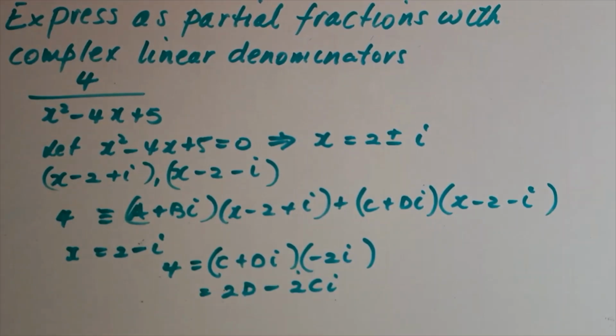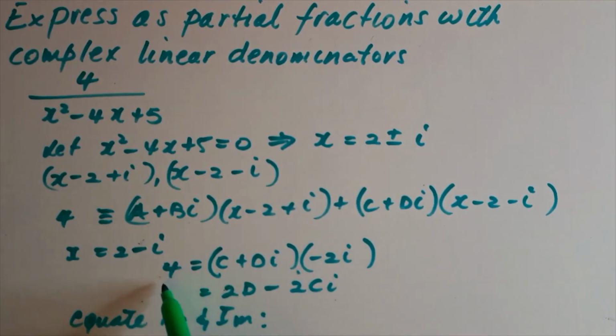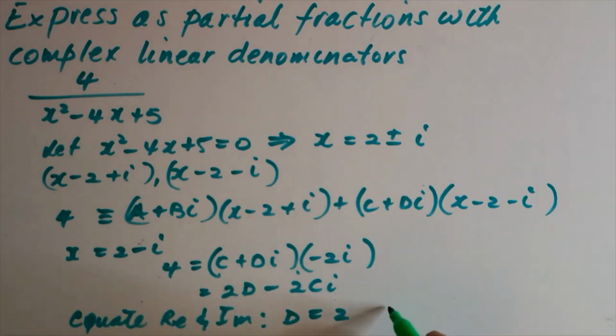Now if we equate real and imaginary parts, we only have a real on the left, so we have 2d is equal to 4, which gives that d is equal to 2, and we have no imaginary parts, so c is equal to 0.